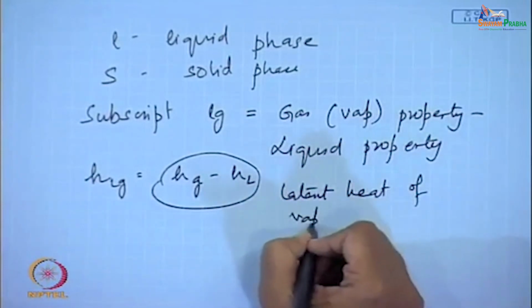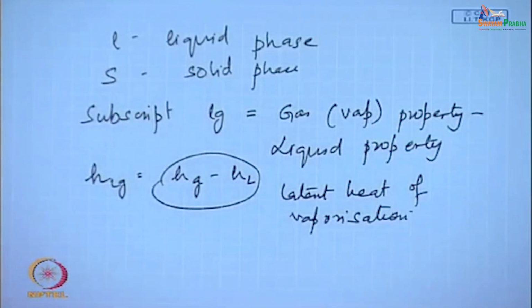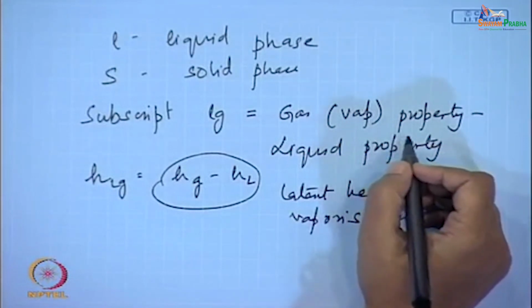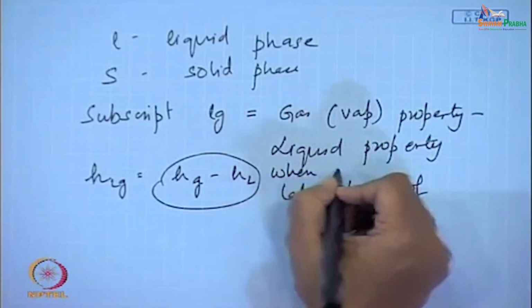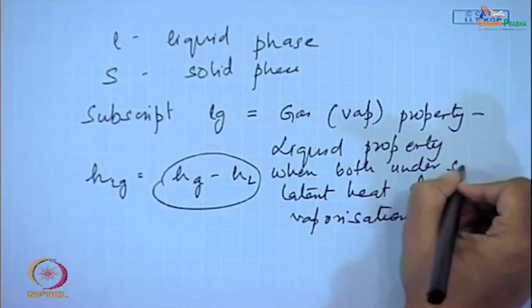So, accordingly, HL is the heat or the enthalpy content of the liquid phase, Hg is the enthalpy of the vapor phase, and HLG is the latent heat of vaporization, or the difference between the vapor property and the liquid property when both are at the same temperature.